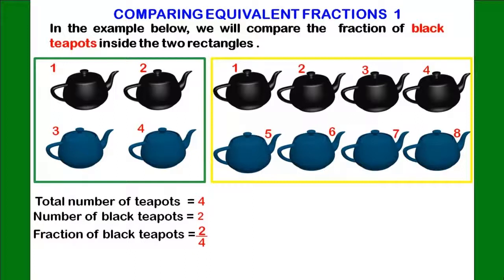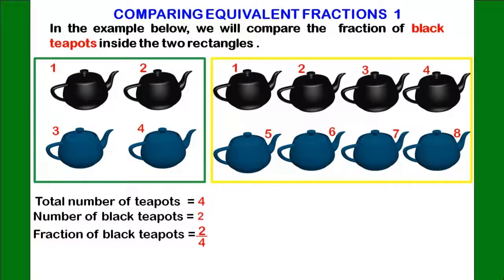Therefore, from the definition of fraction, we can now say that the fraction of black teapots in the first rectangle is 2 over 4, where 4 is the denominator representing the whole teapots and 2 is the numerator representing the 2 black teapots.